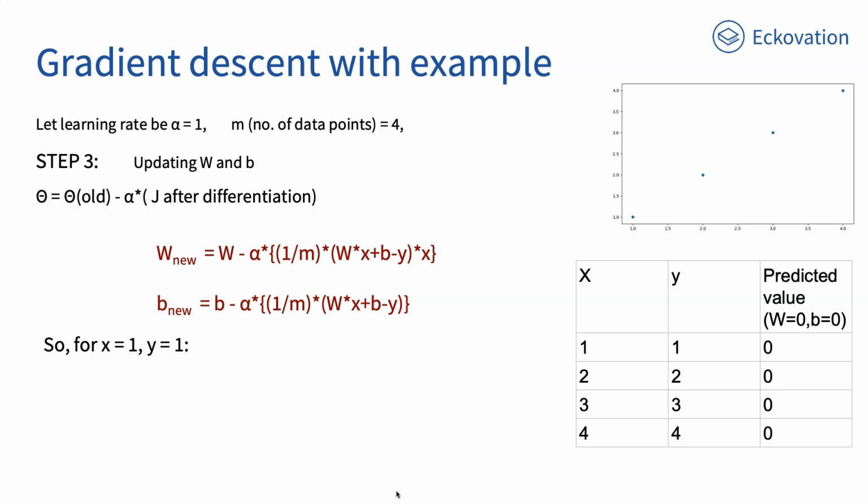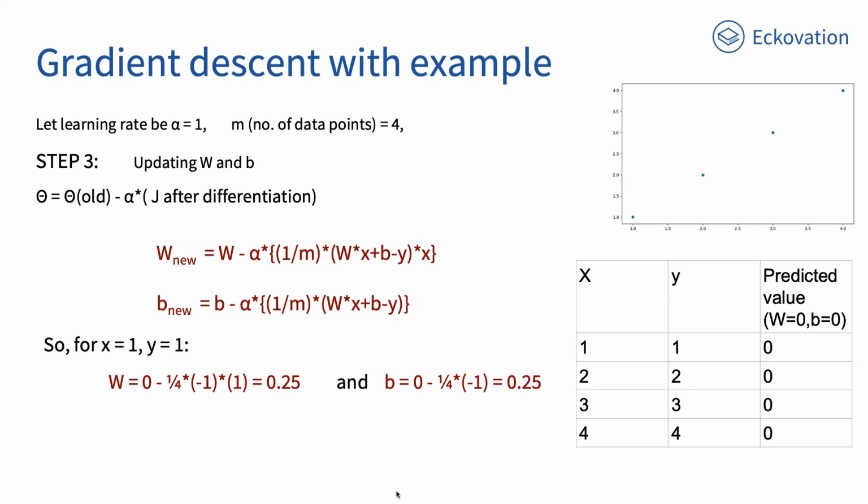And the first point in our data is x equal to 1 and y equal to 1. So, for x equal to 1, our model predicts 0 into 1 plus 0, that is 0. The actual value is 1. Hence, the updated w becomes 1 by 4 or 0.25. Similarly, the updated b also becomes 0.25.